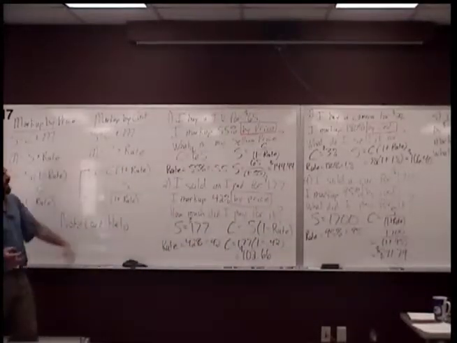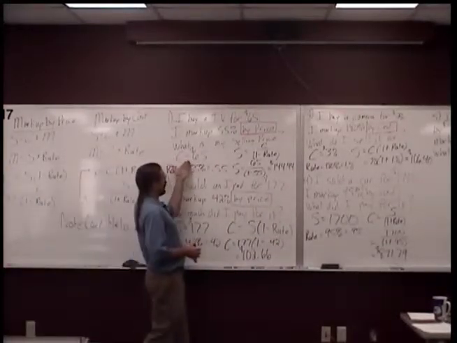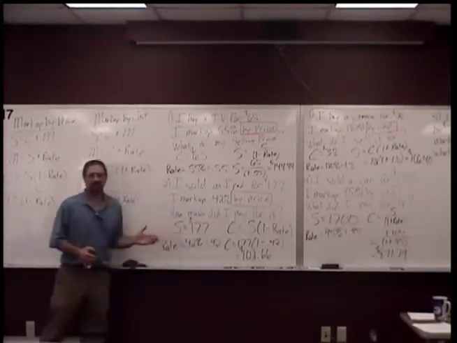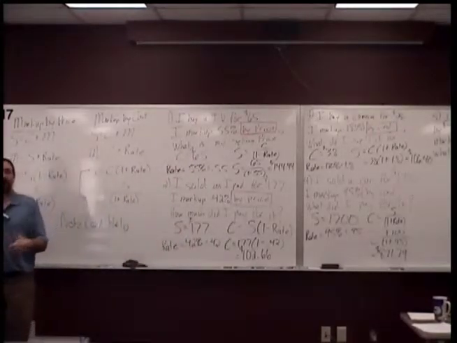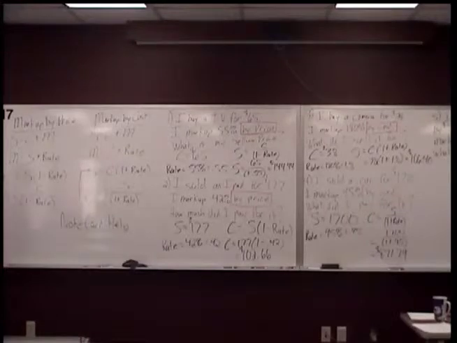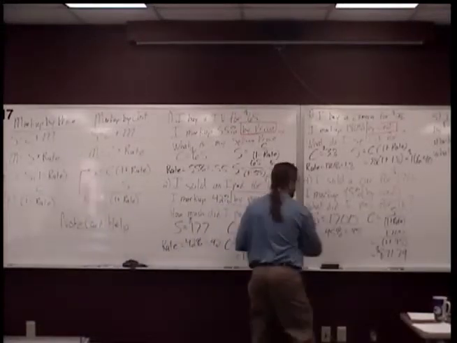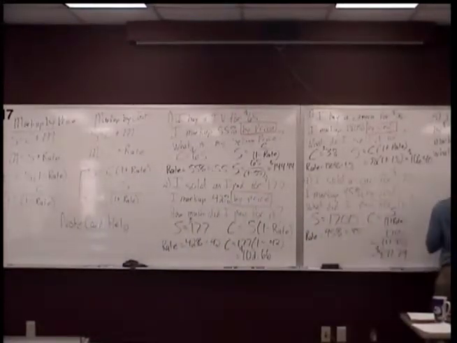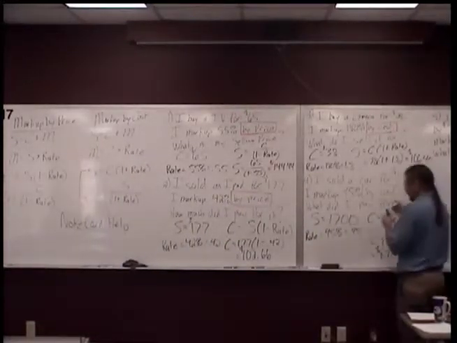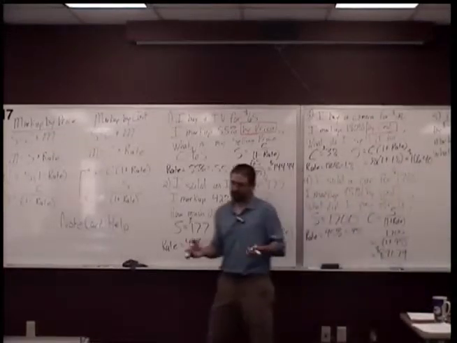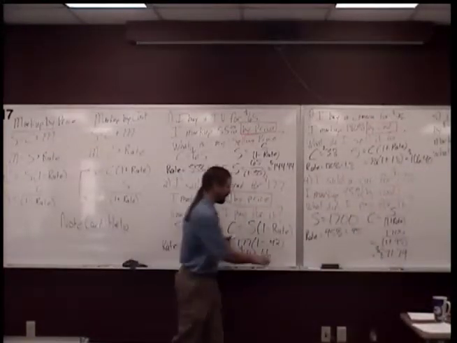Number 5 is instead of me giving you the cost or the selling price and the rate, now I actually give you the markup amount and the rate. All right? So in this particular problem, again, start the same way though, right? We're marking up by cost. Make sure you note to yourself that that's the style of markup we're doing.